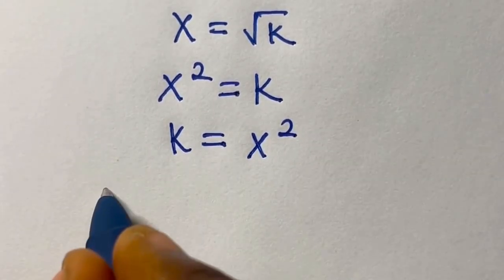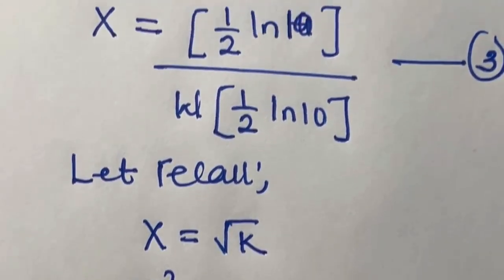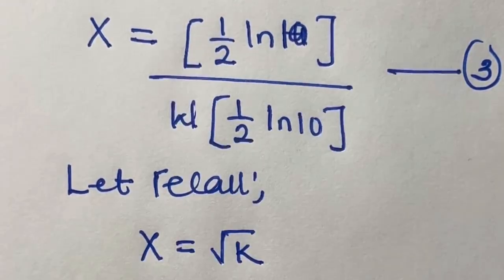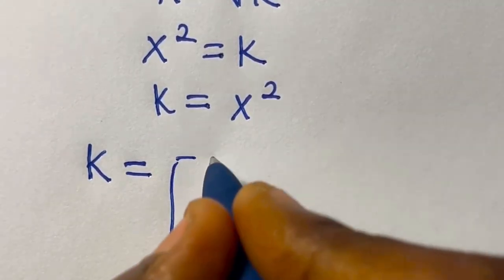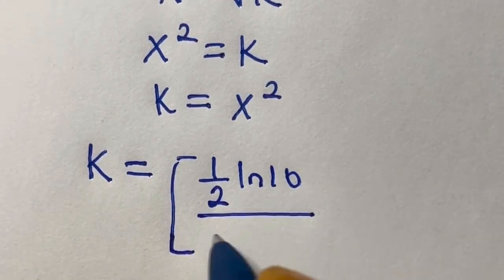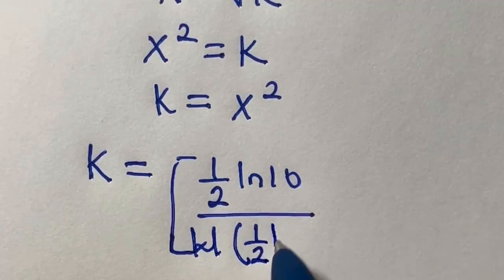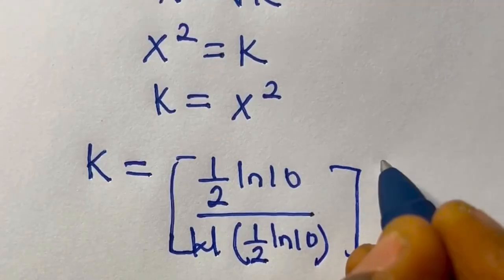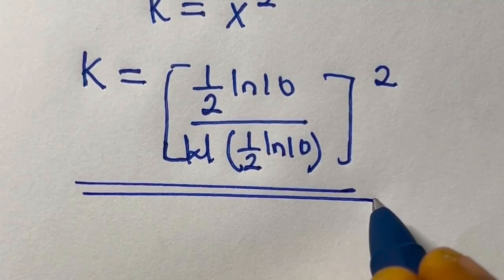But what's our x? This is our x, so we just square it. So we'll have 1 divided by 2 ln 10, divided by the Lambert function of 1 divided by 2 ln 10, then we have square. Guys, this is our final answer.